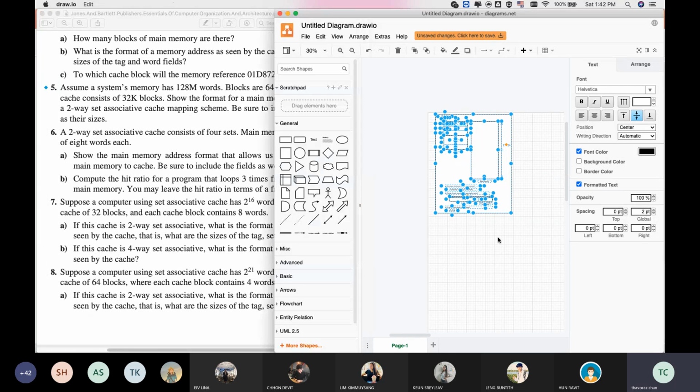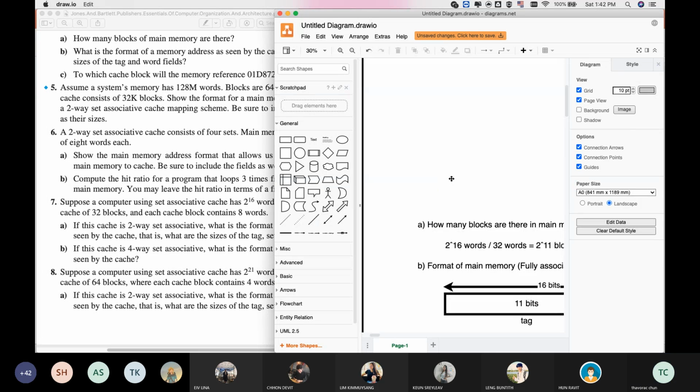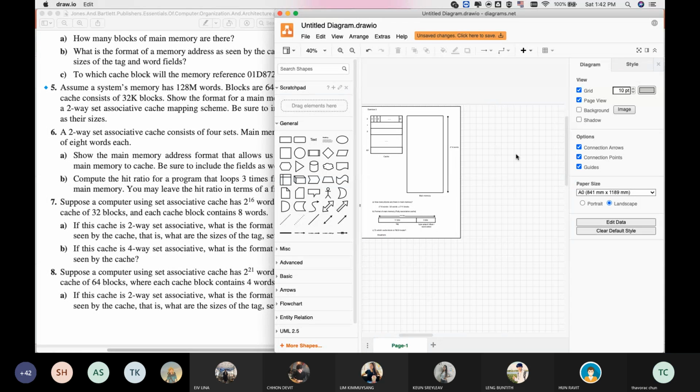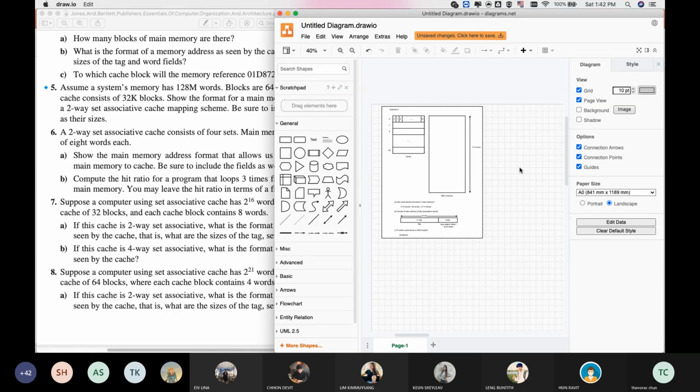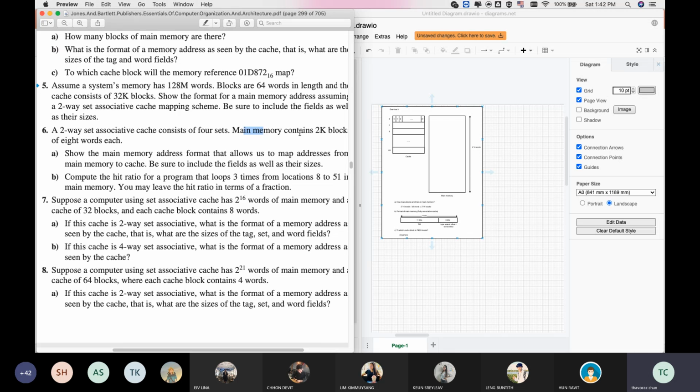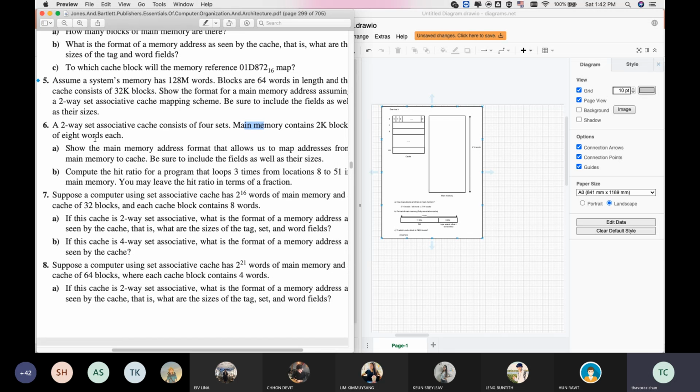So in exercise number 6, we have a two-way set associative cache this time. A two-way set associative cache consists of 4 sets, and main memory contains 2K blocks of 8 words.